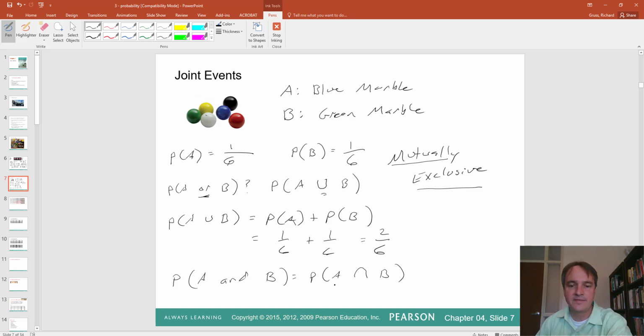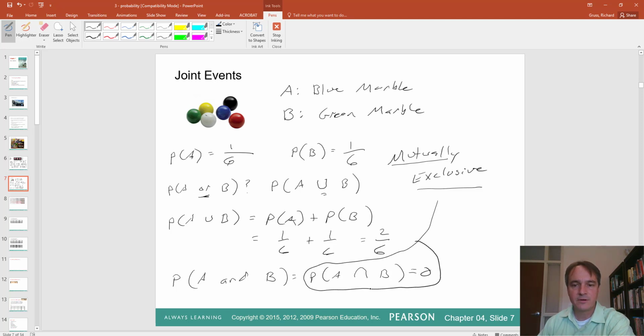So the probability of A and B, and what is this here? The probability of drawing a marble and it being both blue and green is, of course, 0. So this is what mutual exclusivity means. It means that the probability of the intersection is equal to 0.